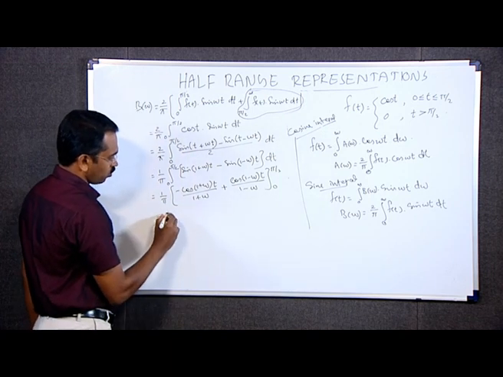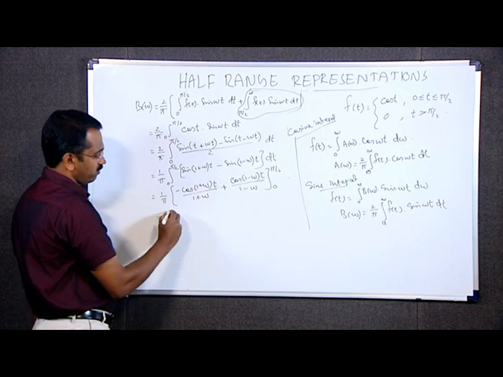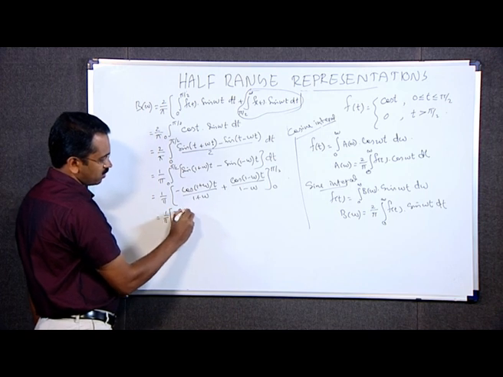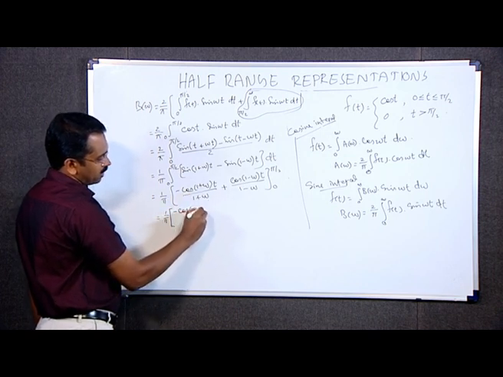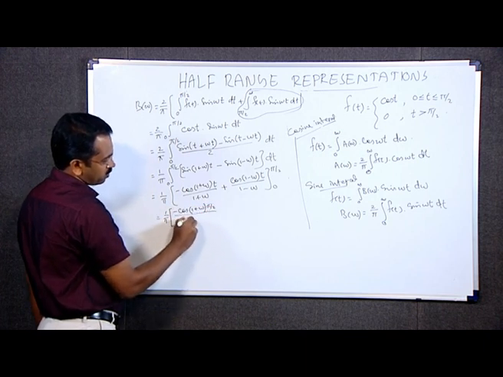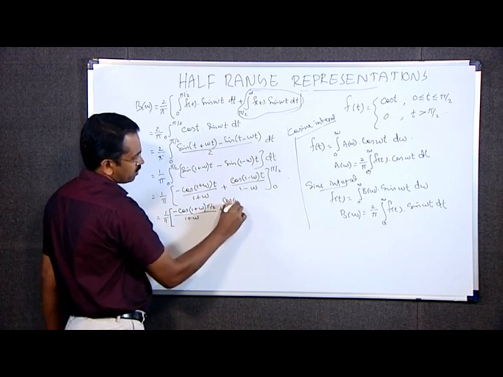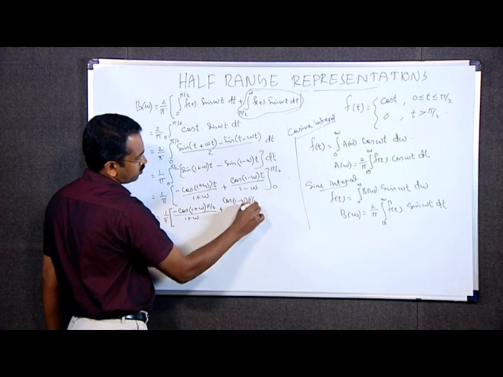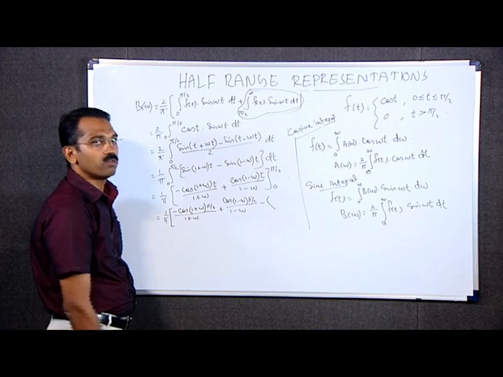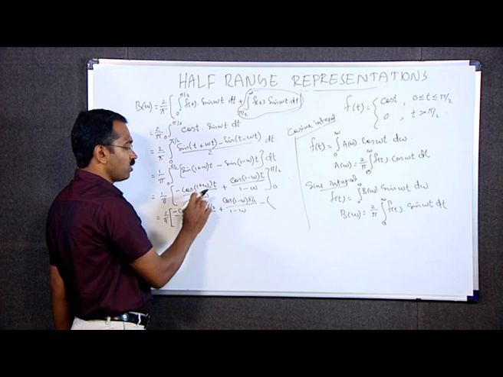That is equal to 1 by pi into, on applying the upper limit, we can write this as minus cos (1 plus omega) into pi by 2 divided by (1 plus omega), plus cos (1 minus omega) into pi by 2 divided by (1 minus omega), minus, when we apply the lower limit 0, we get cos 0 by (1 plus omega).